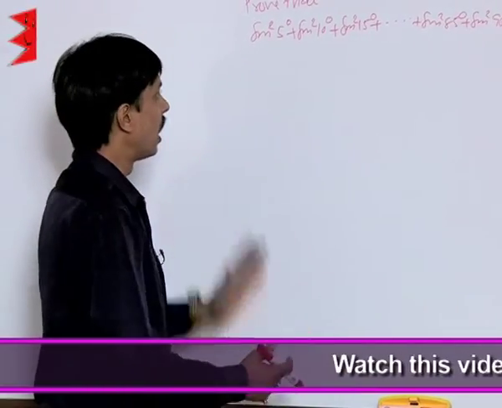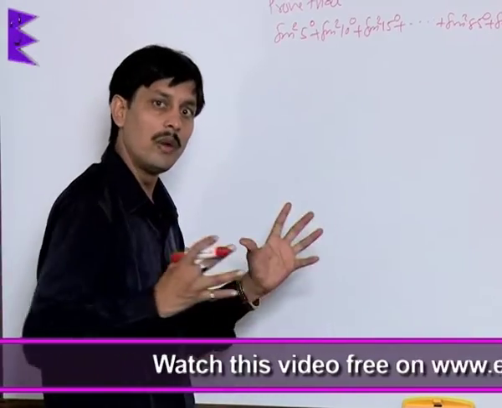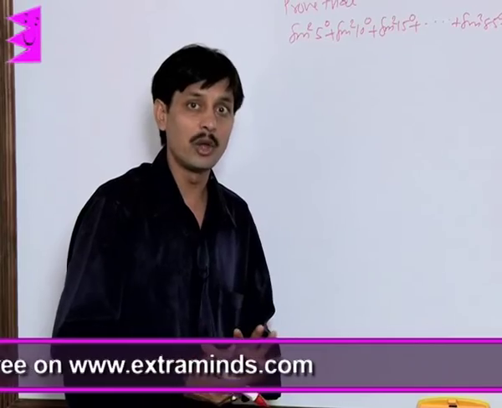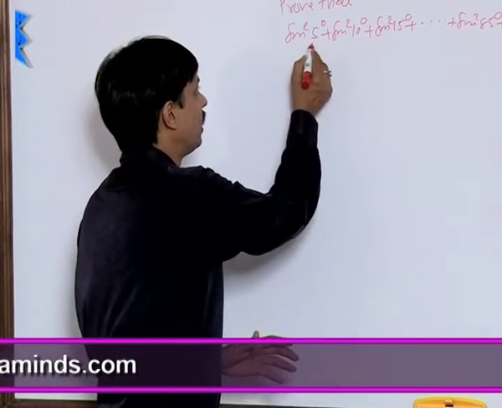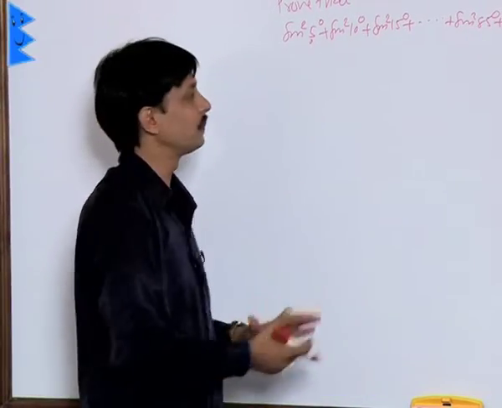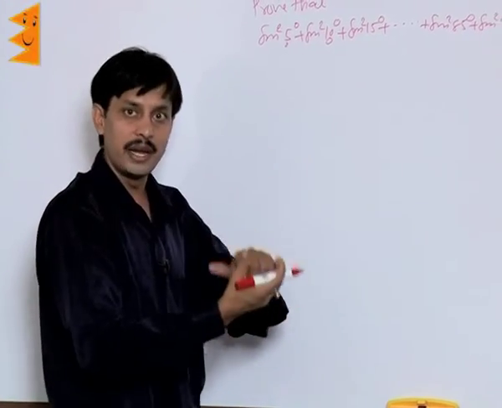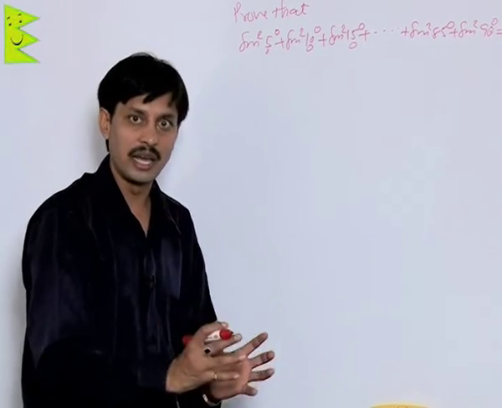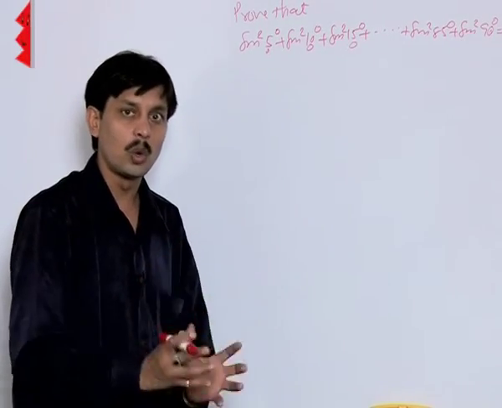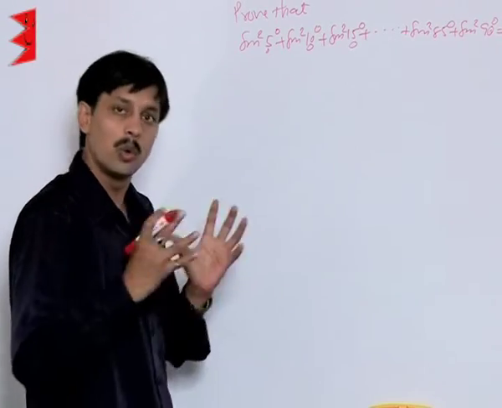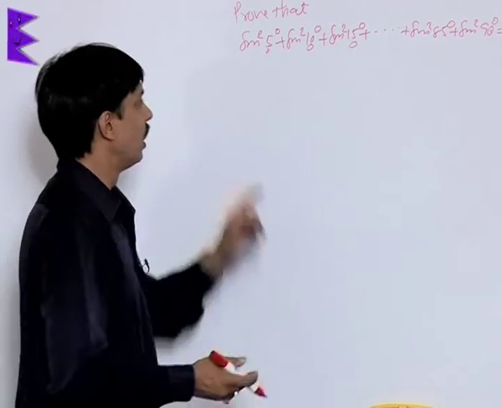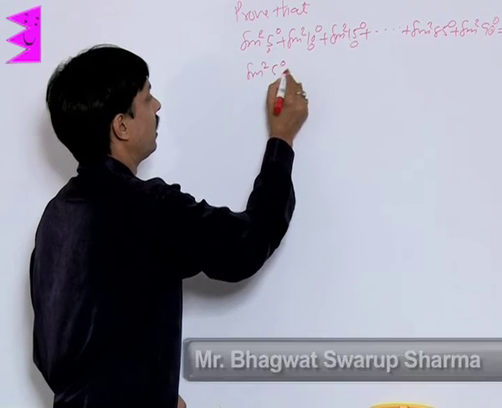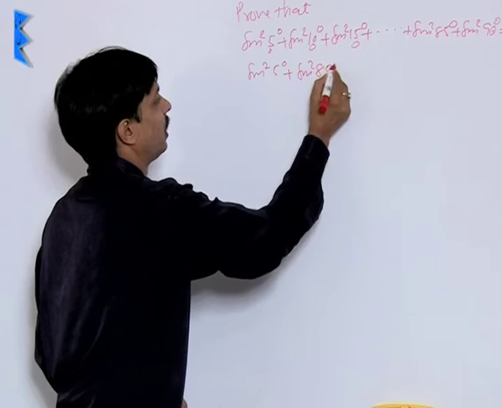Now to show this result, we will first go for the complementary combinations. What are the complementary combinations? The 5 degree will be combined with 85 degree, 10 degree with 80 degree, 15 degree with 75 degree, meaning we will club all those trigonometric values whose sum is 90 degree. So the first pair will be sine square 5 degree plus sine square 85 degree.